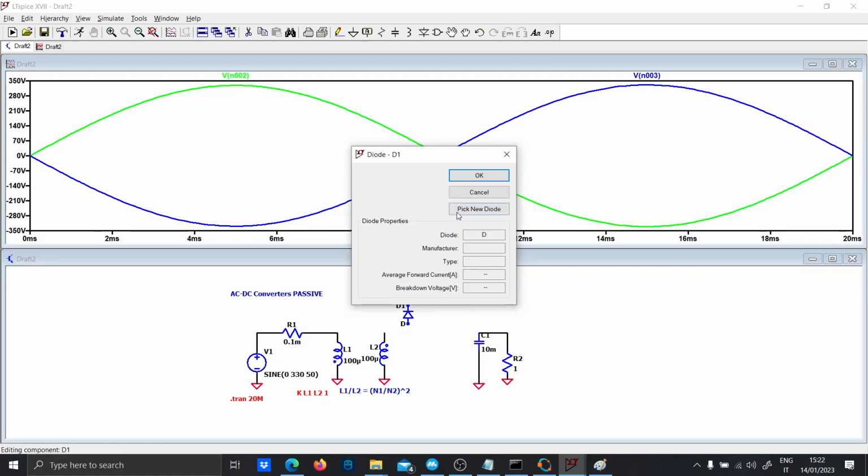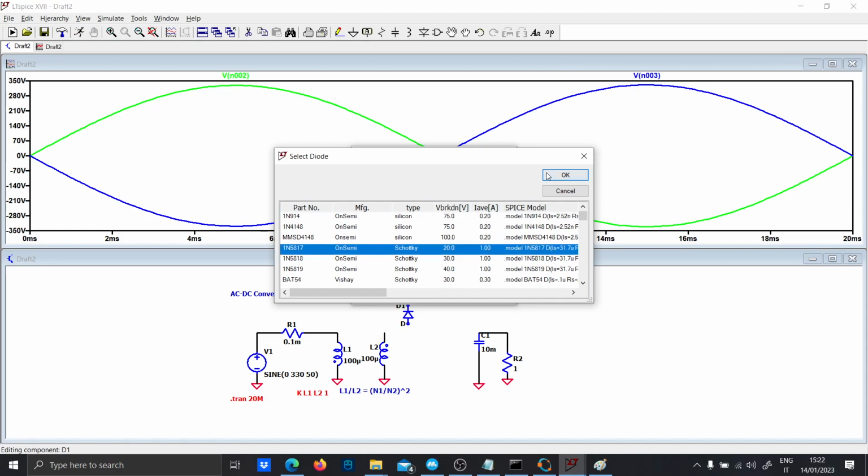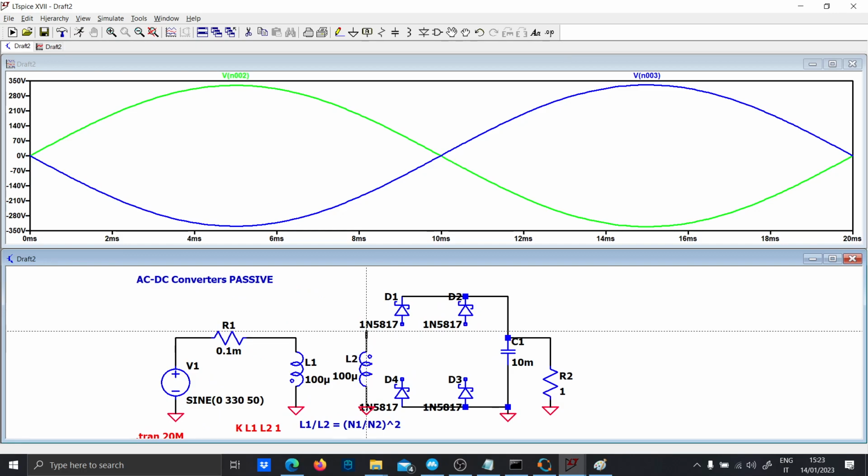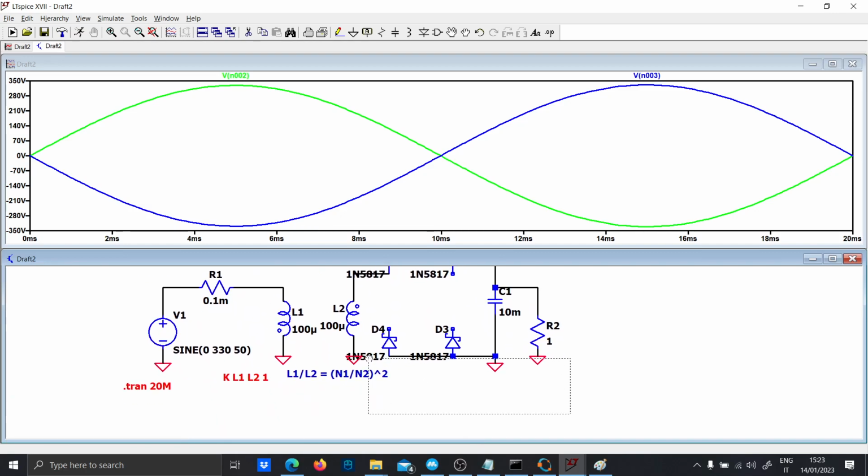I prefer to design the Graetz bridge with Schottky diodes because they are faster and they perform better. The minus is connected to the load and the other part is connected here. I just need a little bit more space.